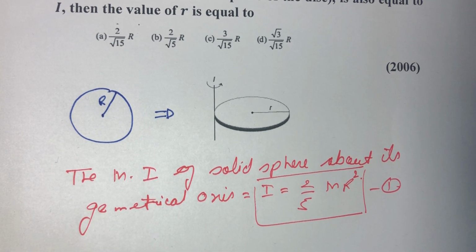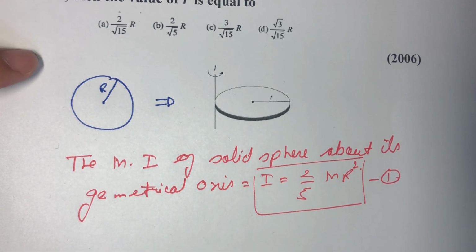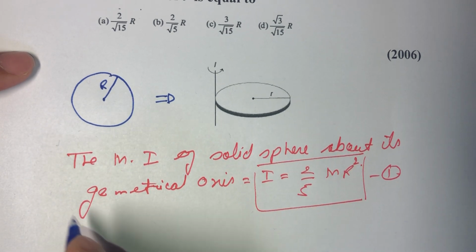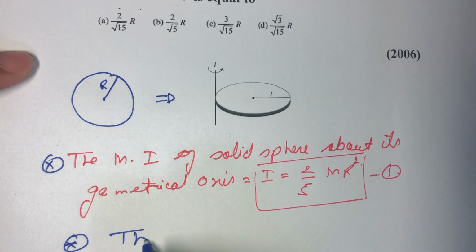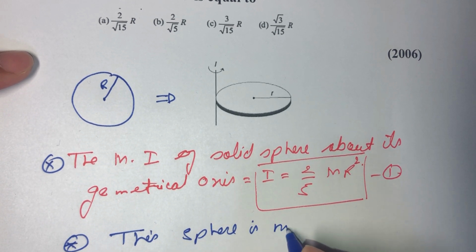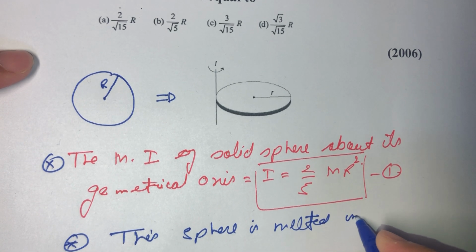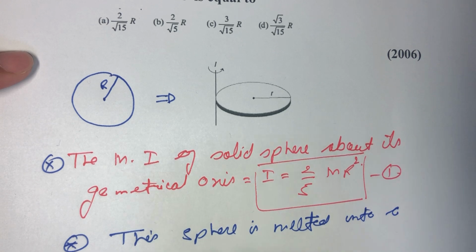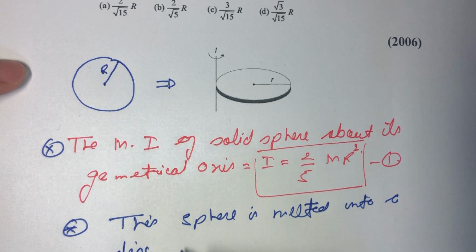Now this sphere is melted into a disk. You can see this sphere is melted into a disk with radius small r.